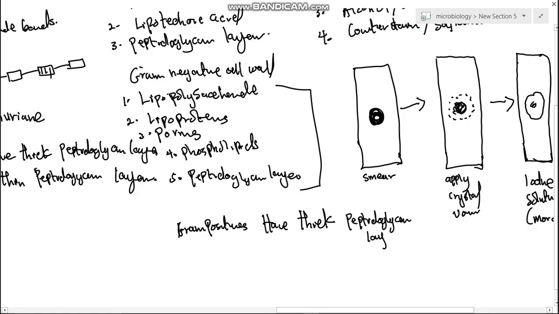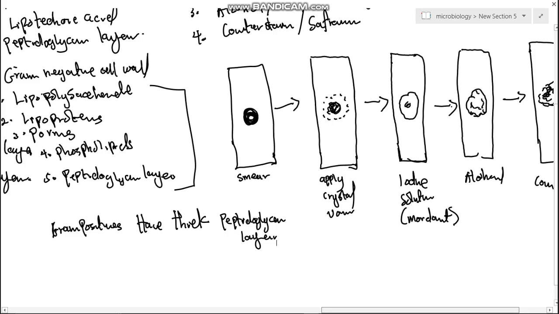So they have a fake peptidoglycan layer. As a result, during the decolorization process, due to the fake peptidoglycan layer, the alcohol will not be able to take off the iodine solution.